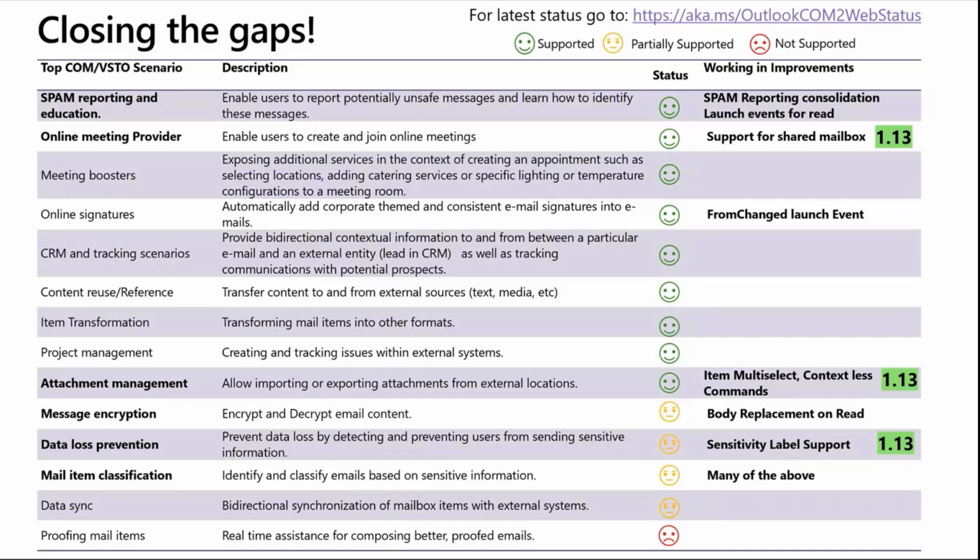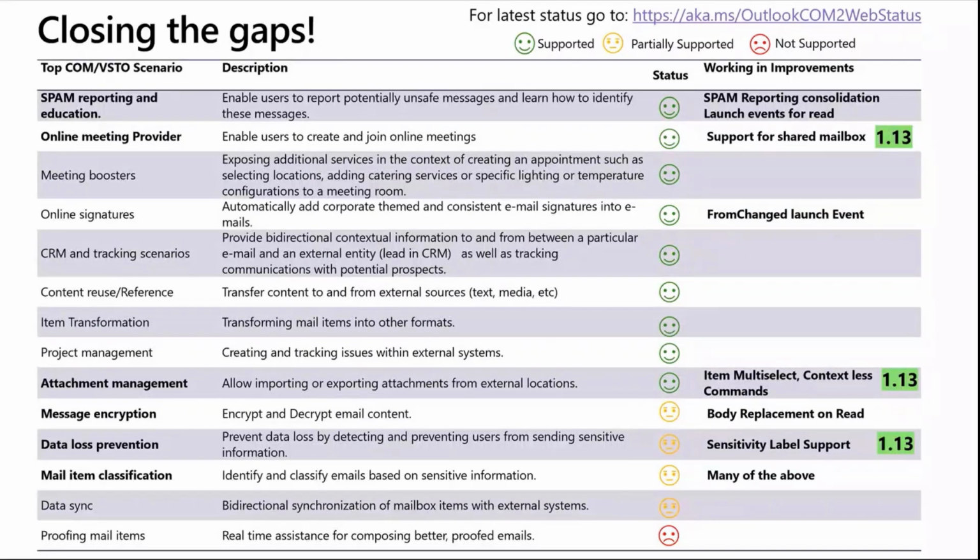So this table is summarizing the scenarios, with a brief description of each. We are engaging with customers in this area, so we are identifying the gaps that we have. What you can see is the status here: if it has a green happy face, it means that if you have an add-in in those categories, you should be able to create an equivalent or even better web add-in, right?